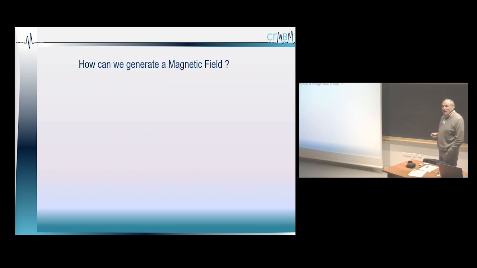And the question is, how can we generate this kind of field? Maybe you remember that if you want to generate a magnetic field, you just have to have a current flowing through a wire. You will generate a magnetic field. This is something you learn at school.